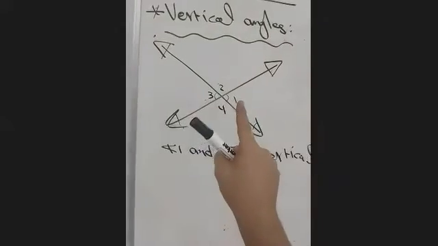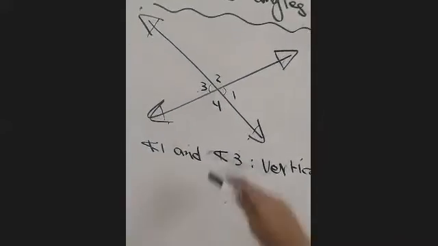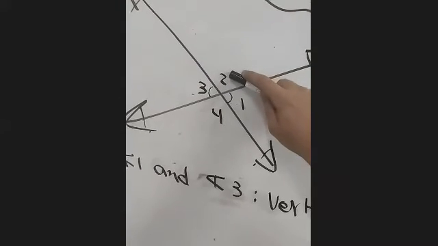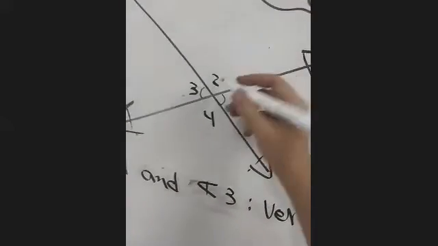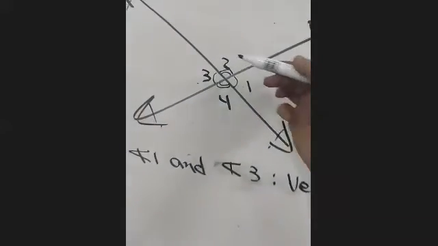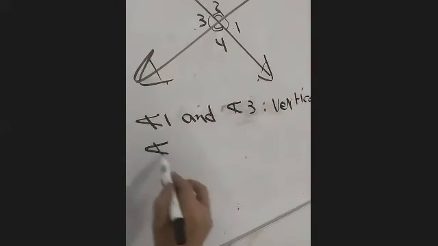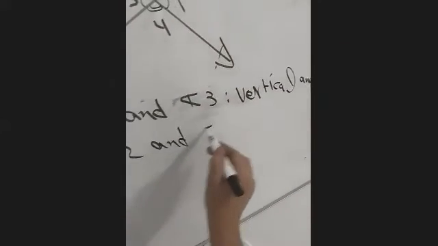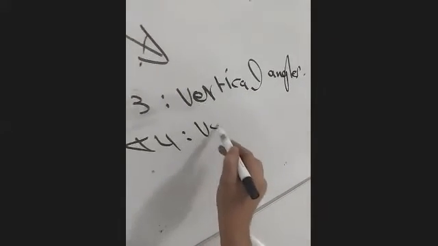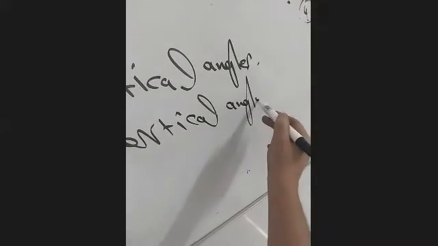So angle 1 with angle 3, we call them what, guys? Vertical angles. Angle 2 and angle 4, this angle here and this angle here, we call them also vertical angles.